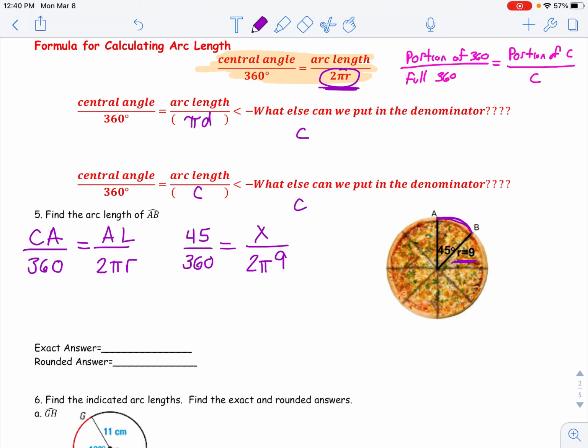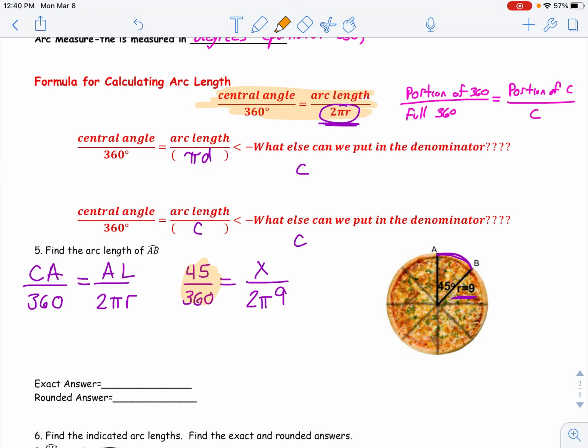Now something we need to do a good job of is reducing this. This really fast becomes 45 times 1 and 45 times 8. I can factor out 45 from both sides, so this becomes 1 over 8. And then this becomes 18 pi after I multiply 2 and 9 together.